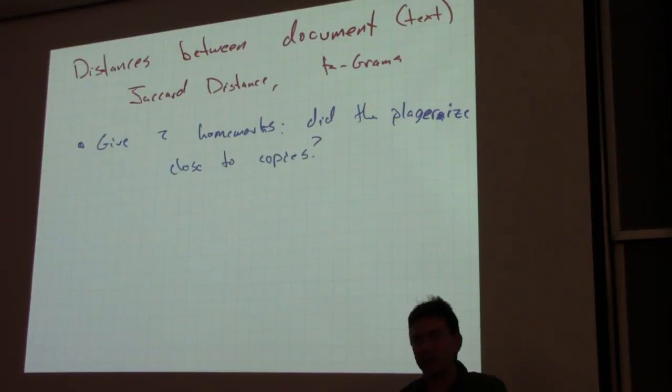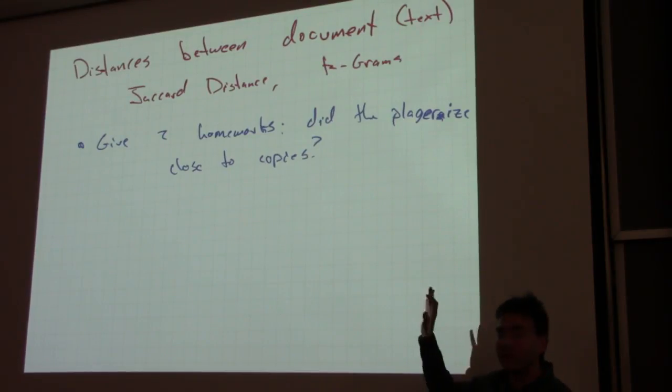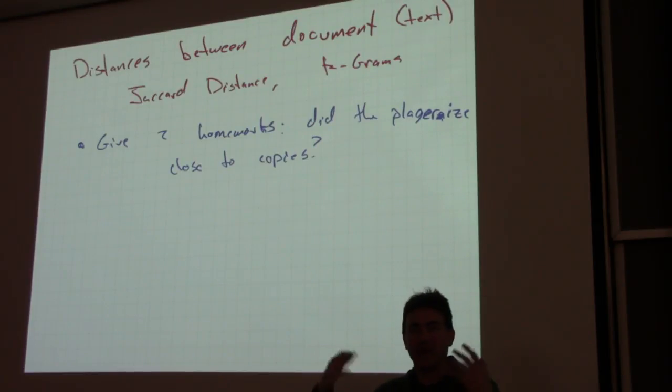I don't know if you know this, but Canvas has a built-in thing I can turn on that looks across all the homeworks and says whether any homeworks are really similar to each other. Or if I pass in code, this is a pretty standard trick that a lot of professors use to check if things are plagiarized. It's built on the techniques that we'll start talking about today and over the next couple lectures.